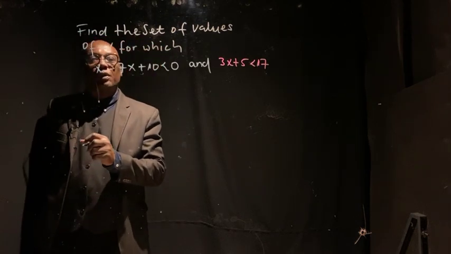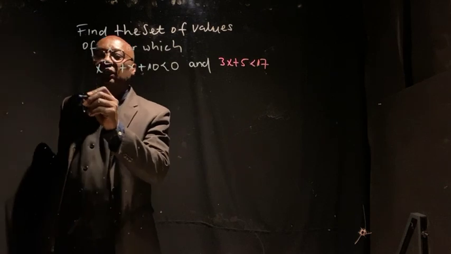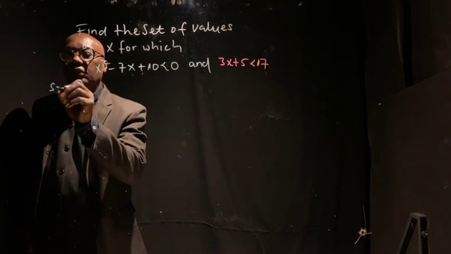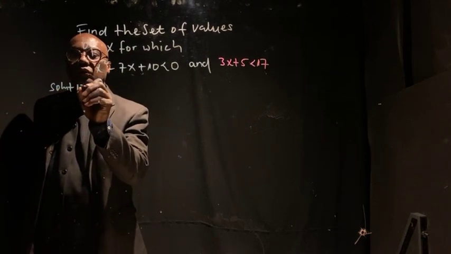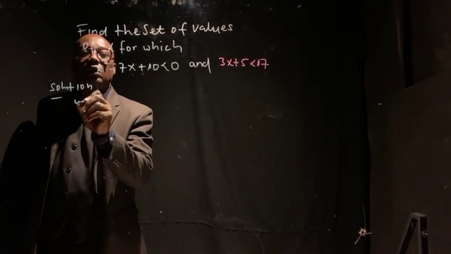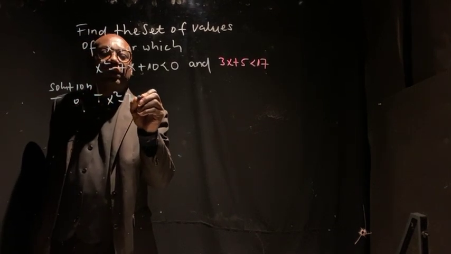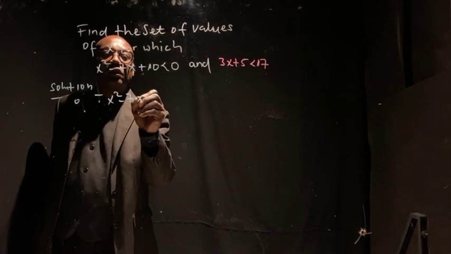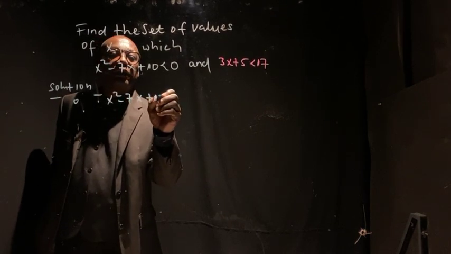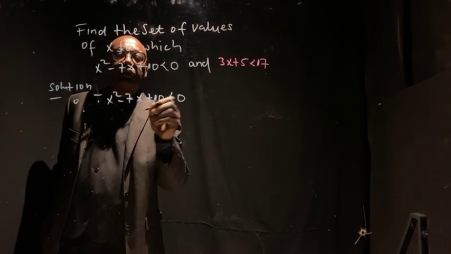So at this time, let us pick up this one. So I'll say the solution. This one is s squared minus 7s plus 10 is less than 0.